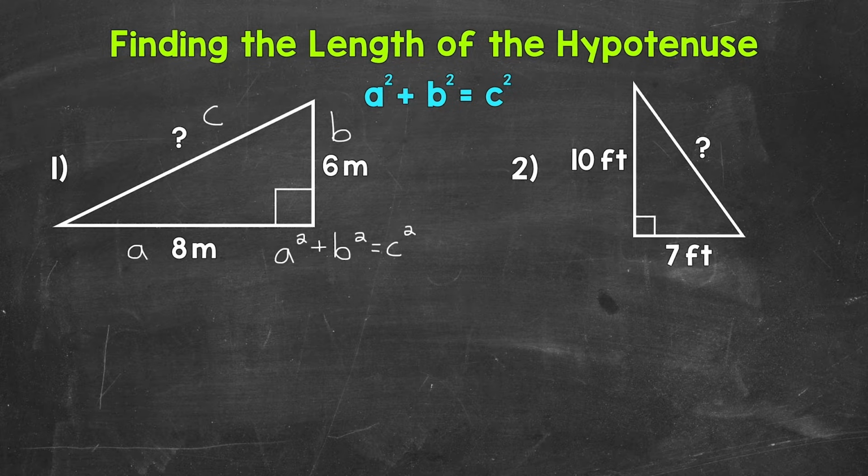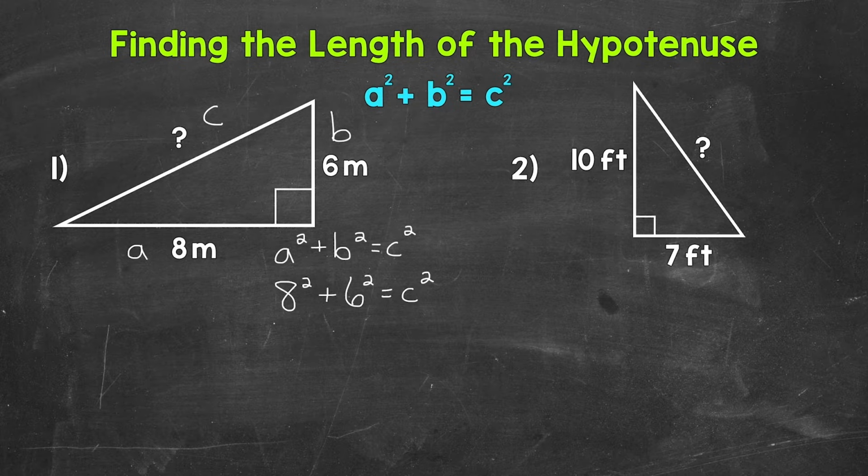Now we can plug in the side lengths that we are given and work through the equation in order to find the length of the hypotenuse. So a is 8 meters, so let's plug in 8 for a, so 8 squared, plus b is 6 meters, so plug in 6 for b, so 6 squared, equals c squared.